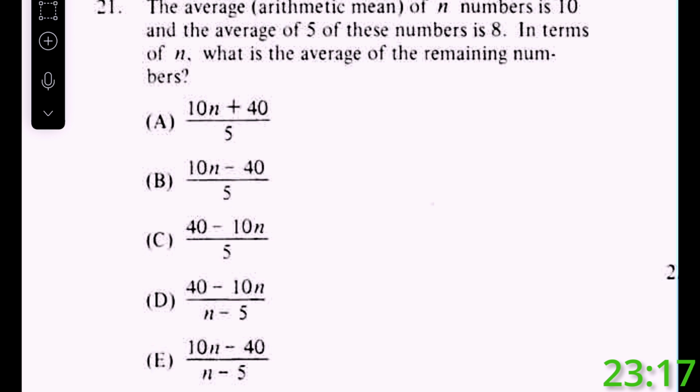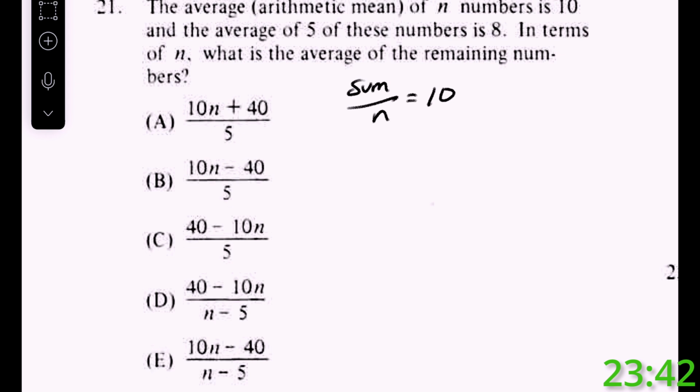All right, what do I know? I know that the average is 10. So whatever these numbers are, if I add them up and divide by n, the sum divided by n is 10, right? That's what it means to have an average of 10.